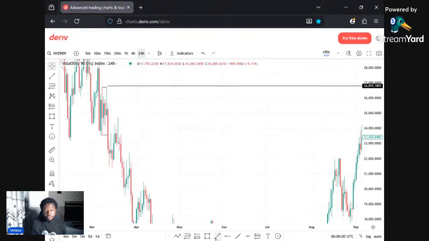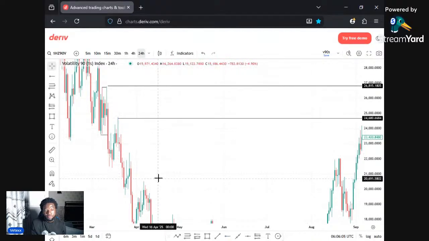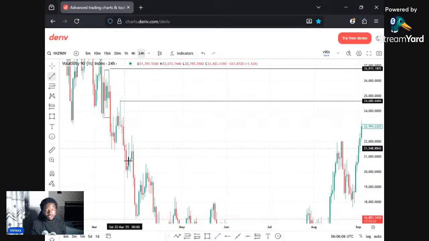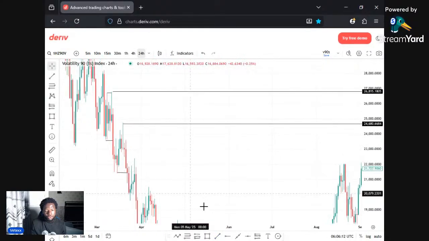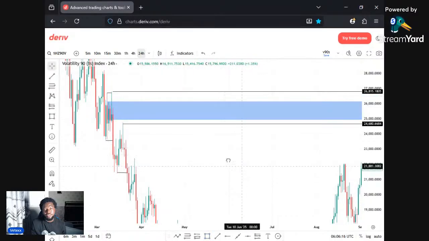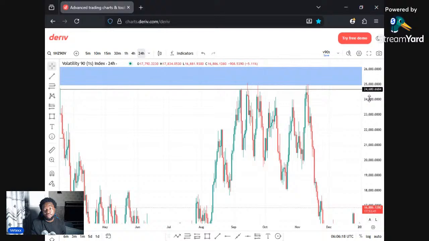And we have price retrace 50% to give us our structural liquidity. Then it breaks the low again to give us our second break of structure. So we have this zone as our point of interest. So let's see if price taps into that zone and starts selling.